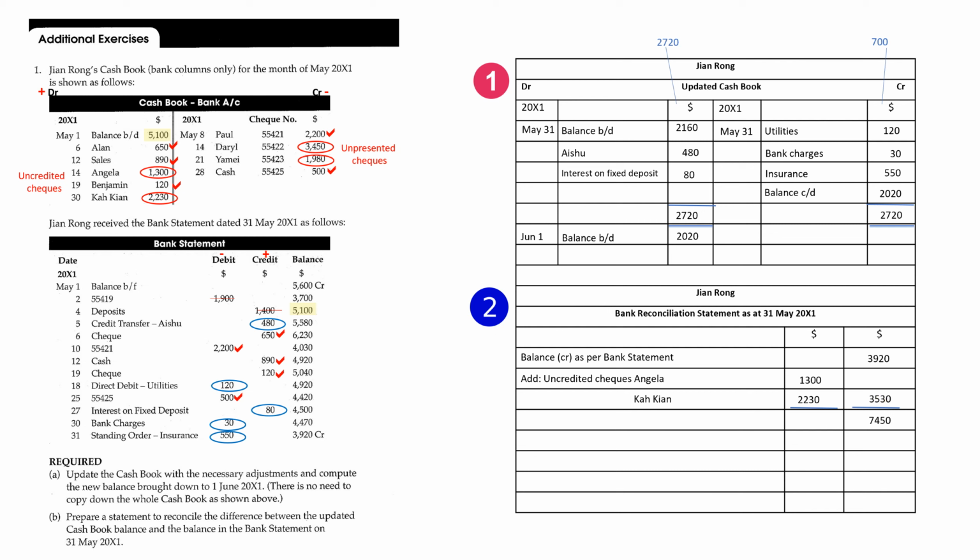Now maybe over here you can pause it and try to do the next one: unpresented check. Maybe you can pause the video, have a try first, and come back to the video later. For this, you have to minus off whatever is over here, put it into here.